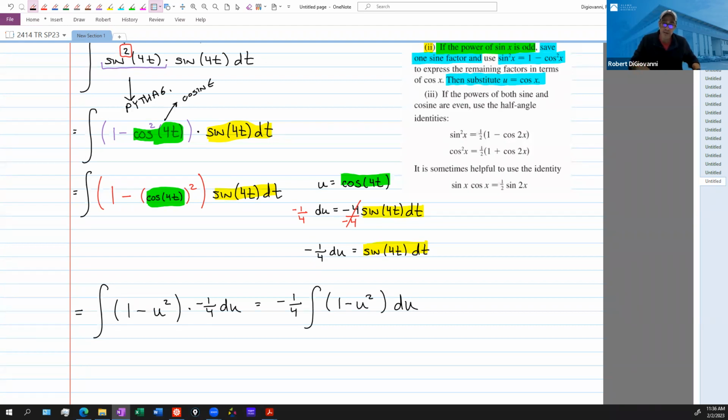And that, I should just be able to use power rule. That's just basic antiderivatives right there. What is the antiderivative of 1 with respect to u? Be careful, what's your variable? So the antiderivative of 1 would be u. So I'm going to put 1/4, no more integral sign because I'm taking the antiderivative. So u, and then the antiderivative of u squared is 1/3 u cubed. So minus 1/3 u cubed, and then plus some constant.